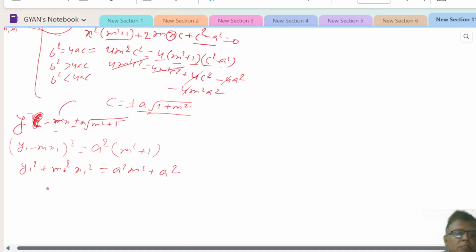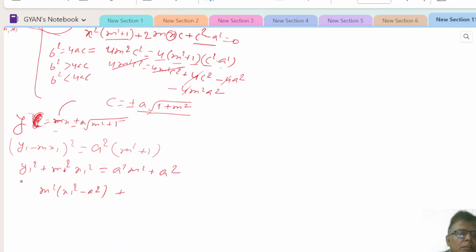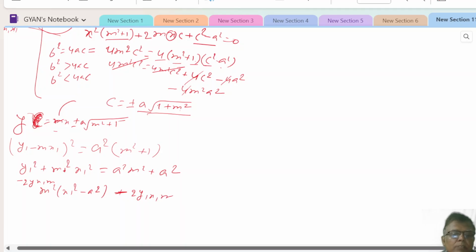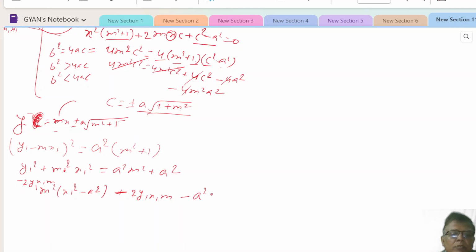So you take this one: m square (x1 square minus a square) minus 2 y1 x1 m plus y1 square minus a square is equal to 0.